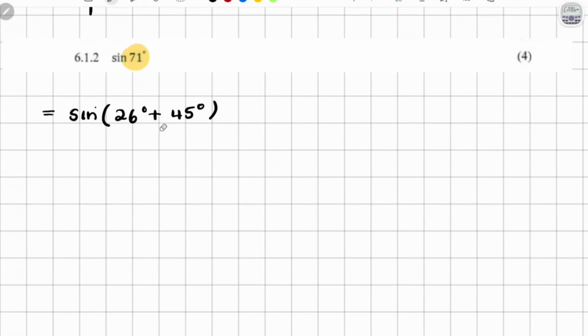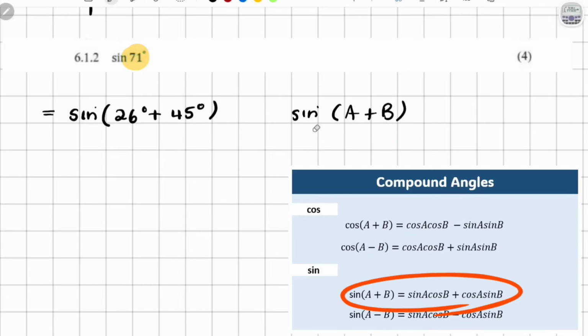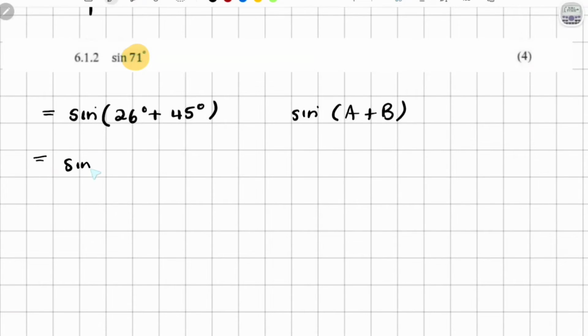Okay, so now do you see that this is in the form of compound angles? It's sine of A plus B. So the same way you'd expand that is the same way we'll expand this. So this is going to be sine 26 degrees times cos 45 degrees plus cos 26 degrees times sine 45 degrees.